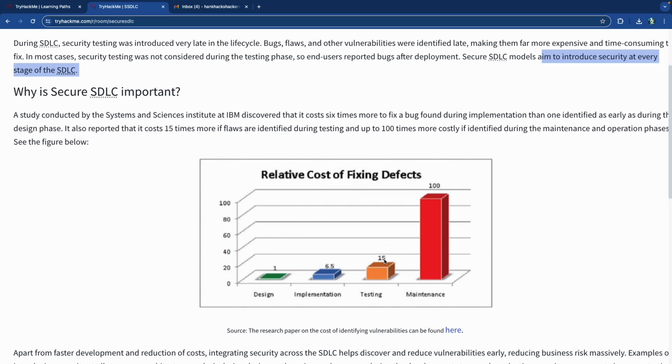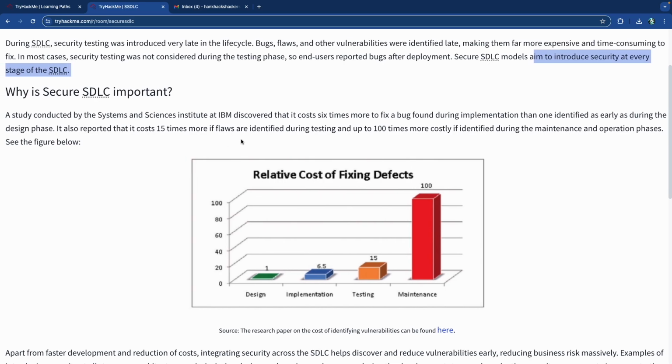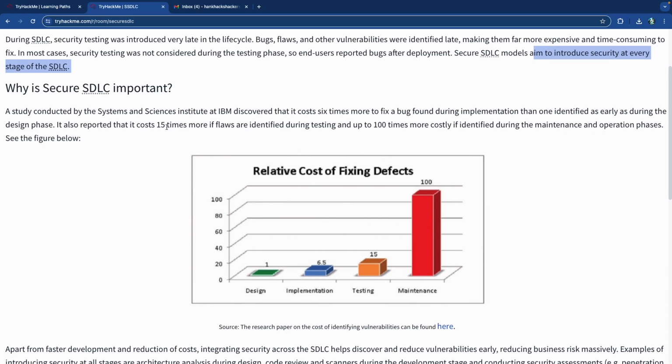During the testing phase, it's 15 times the cost. And then during the maintenance phase it's 100 times the cost, which essentially means it's actually running. So if it's in the maintenance phase, it's actually running and operating. And so it's 100 times more expensive to fix something while it's running versus 15 times more expensive during the testing phase.